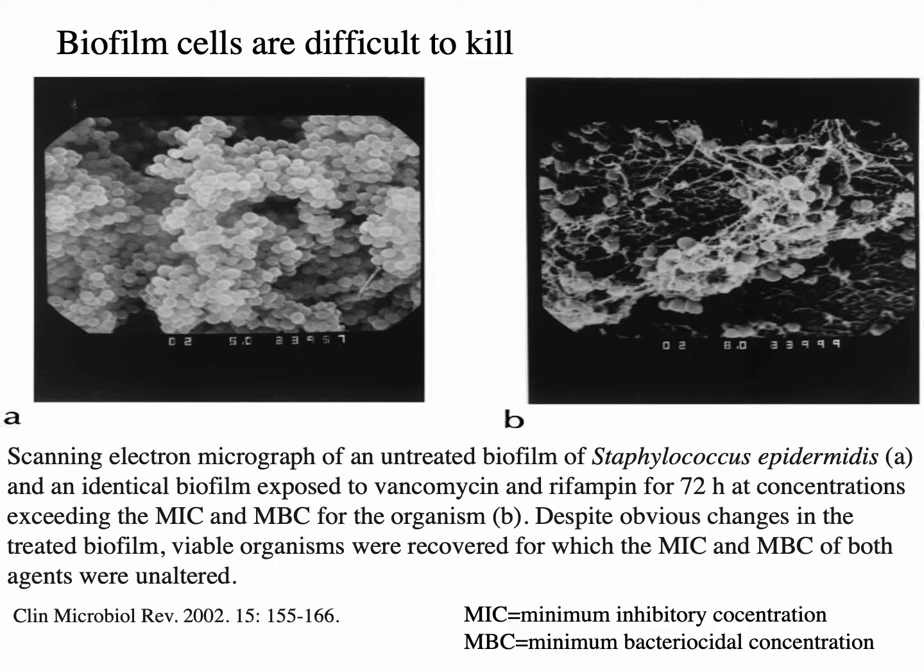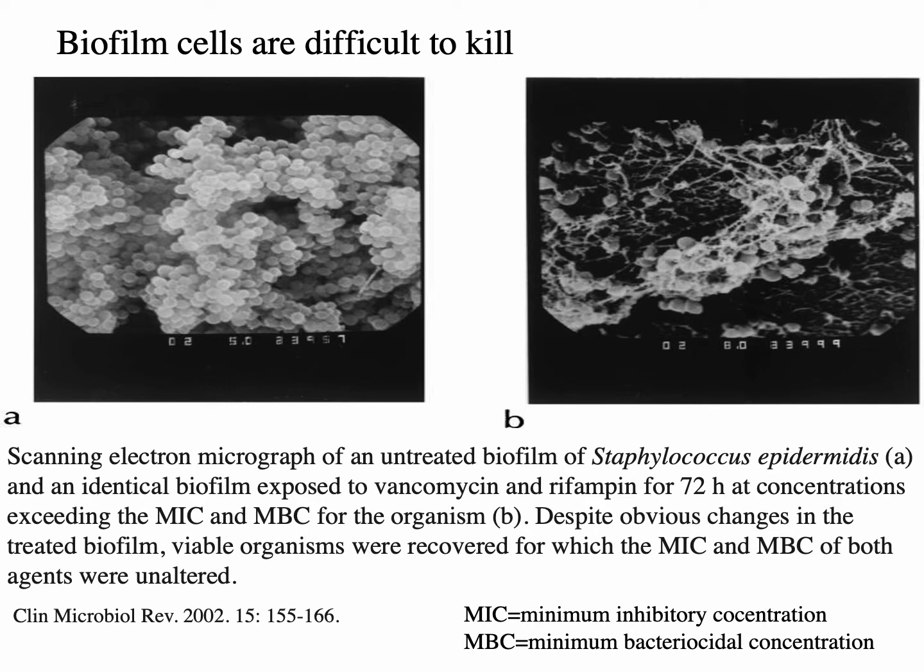So here's an experiment performed by some scientists to show that biofilm cells are difficult to kill. They have two biofilms. The one on the left is not treated with anything. The second biofilm is treated with two antibiotics, vancomycin and rifampin. Vancomycin inhibits cell wall biosynthesis. Rifampin inhibits DNA synthesis.